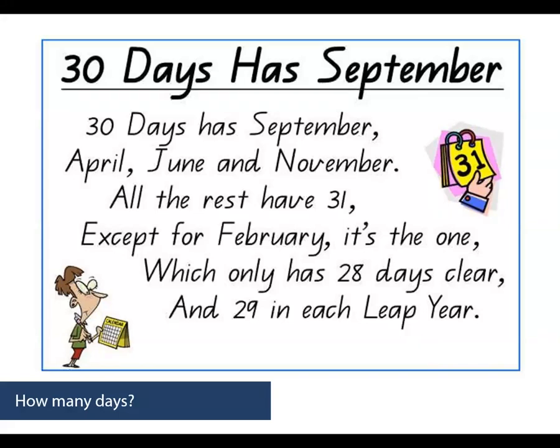It's the one which only has 28 days clear and 29 in each leap year. This is a great way to know how many days your months are going to have. Interestingly enough, they have not been able to identify who wrote this. It's just identified as anonymous, but it was written in 1555.